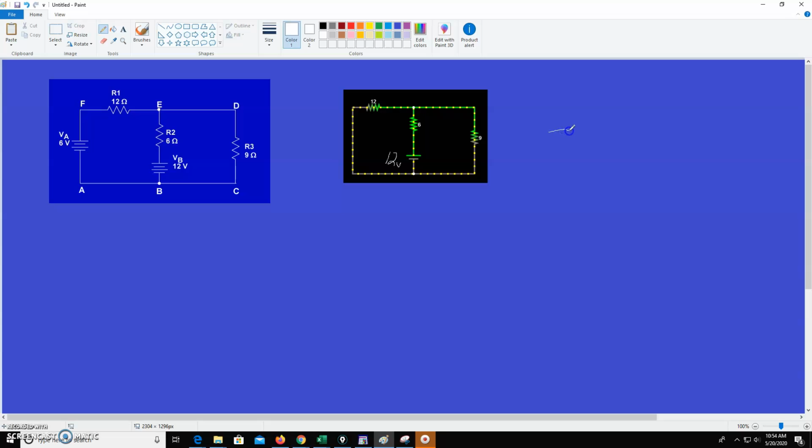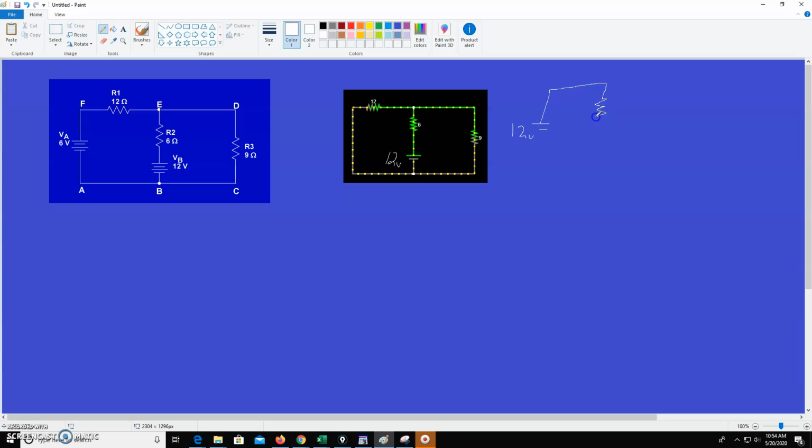I'm going to take this source right here, which is 12 volts, and again, I do apologize for my drawing skills. I'll try to be a little more careful. So there's our 12 volt source right here. Now we know we leave out of the positive side and go through a 6 ohm, go through a 9 ohm, and come back to the negative. So I'm going to kind of redraw that.